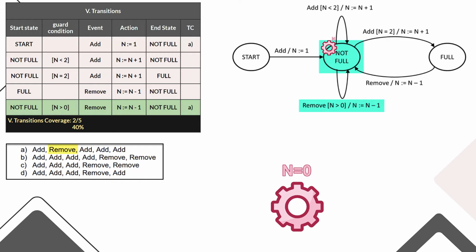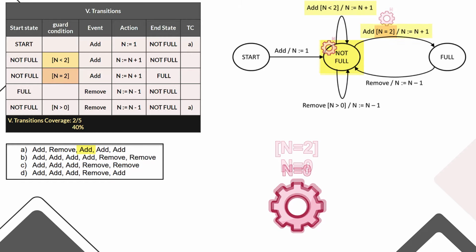The third step of test case A is the add event, which corresponds to three different transitions. Since the system is now in the not full state, the number of possible transitions is reduced to 2. We need to check them both. Both transitions are suitable and both transitions have guard conditions. So we have to check them first.